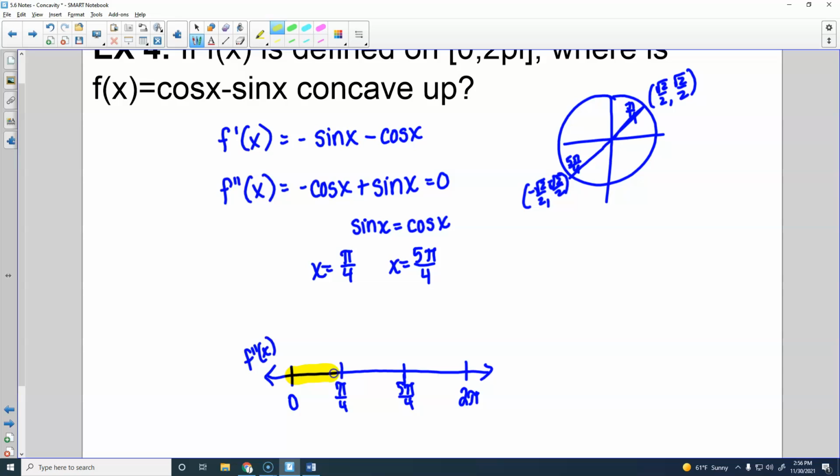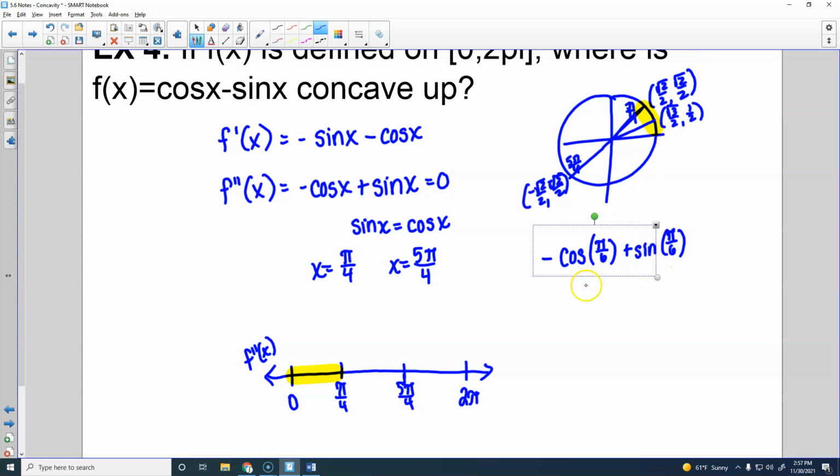So, this first section right here, the only value we know between 0 and pi over 4 is pi over 6. At pi over 6, square root of 3 over 2, 1/2. We're plugging it into the second derivative, so it's negative cosine of pi over 6 plus sine of pi over 6.